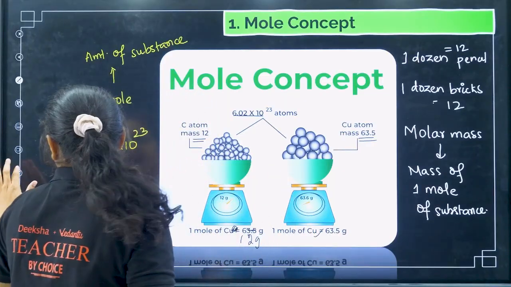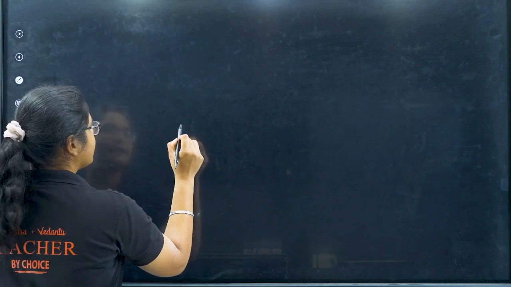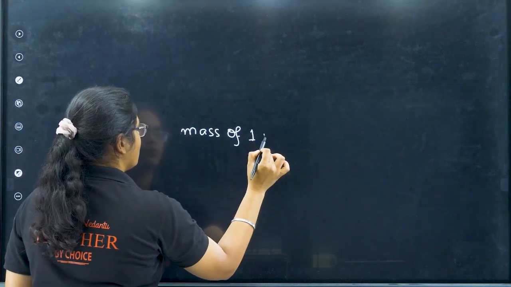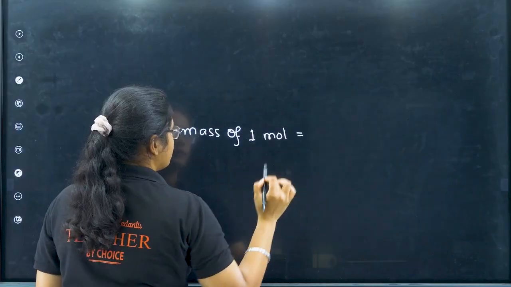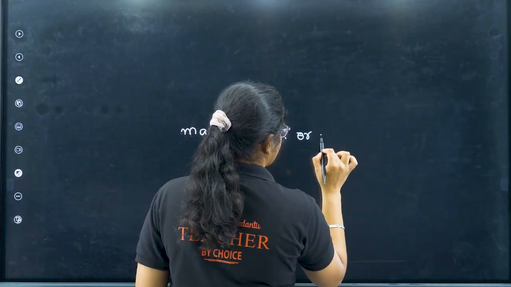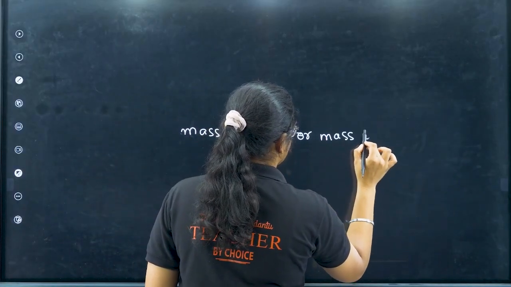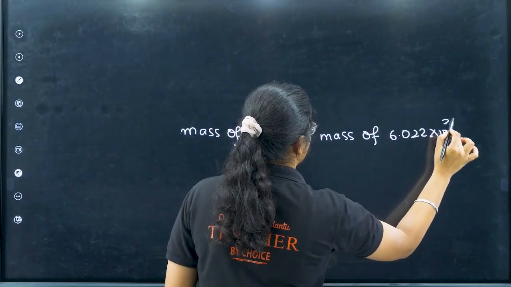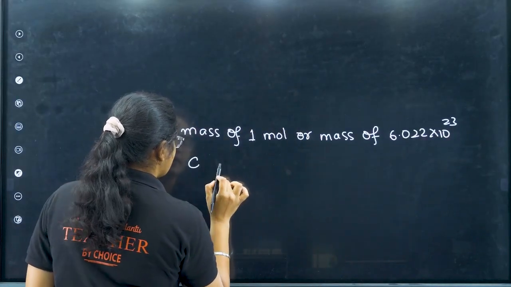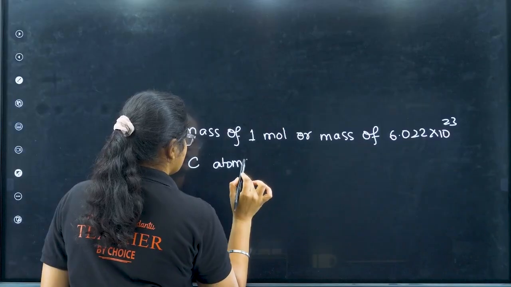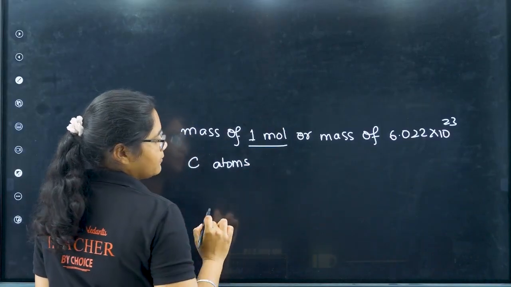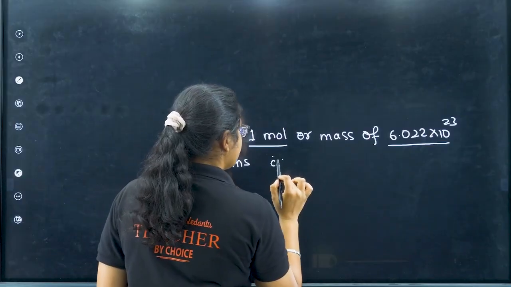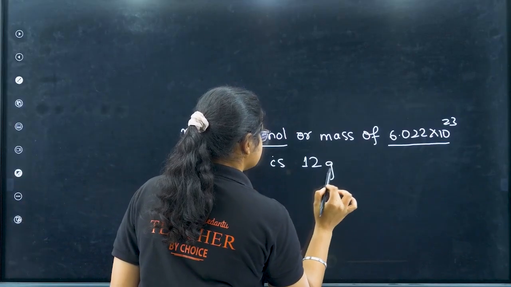So how can I write it? I can write it like this: mass of 1 mole, or mass of 6.022 into 10 to the power of 23 carbon atoms, this is the mass of 1 mole and that is equal to 12 grams.